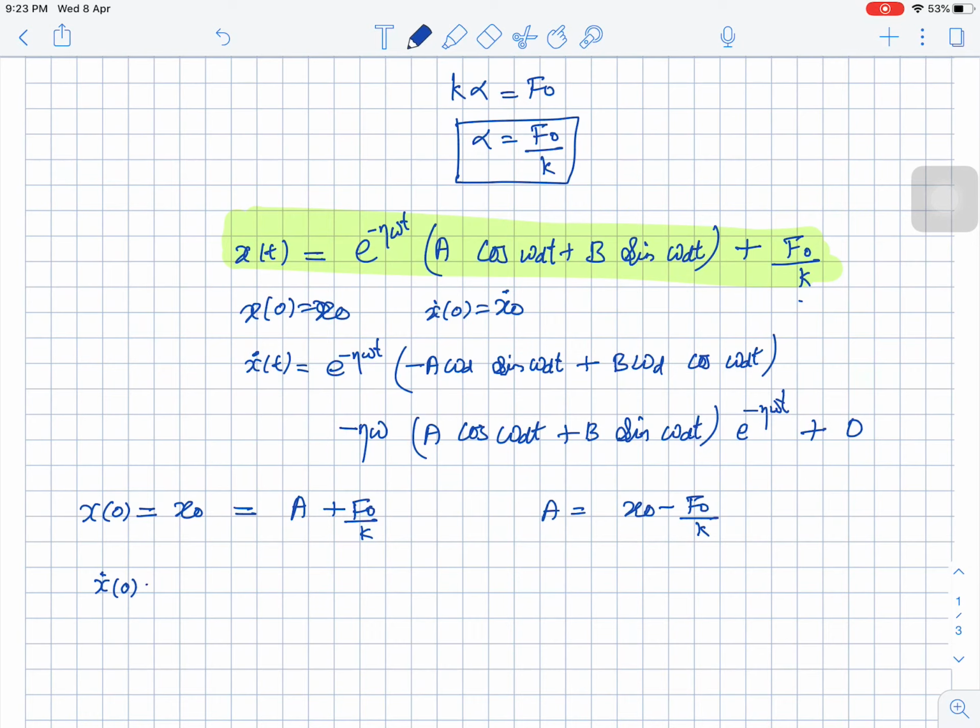x dot of 0 will be x dot naught equal to b omega d minus zeta omega a.